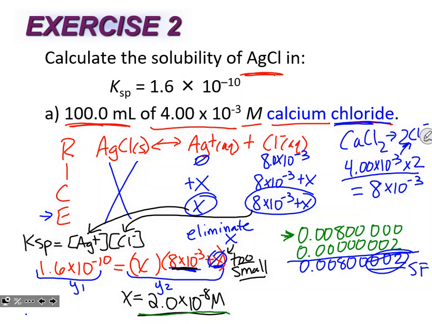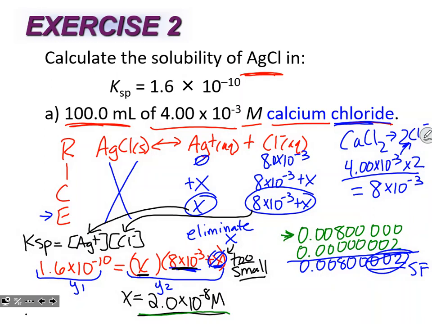It would drop off. So that's why you get to eliminate x in the common ion effect problems, because the amount is so small that it's not going to affect there. You don't change this one. It's only the one that would add to the much larger number that you get to eliminate. So that's what you see here.